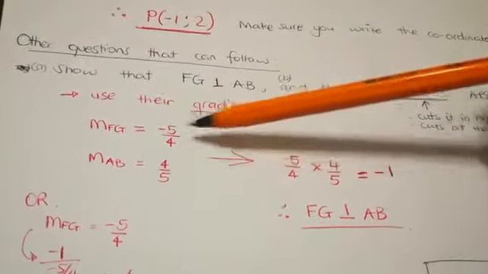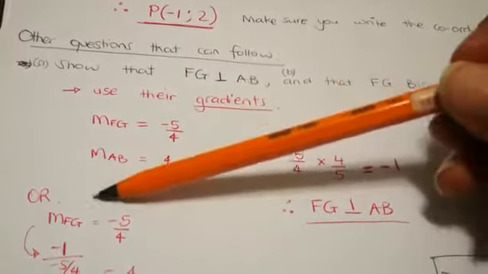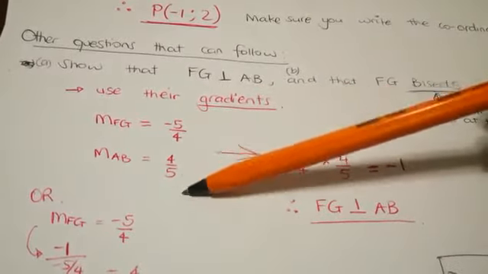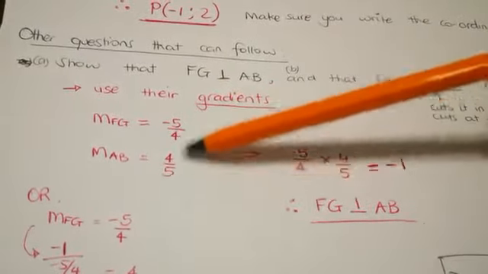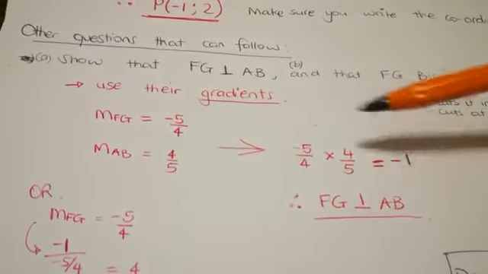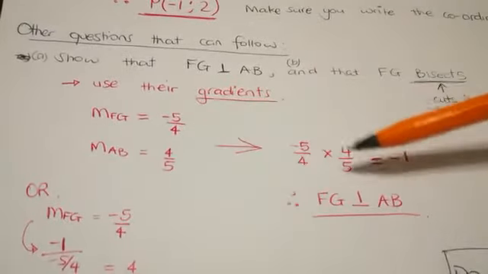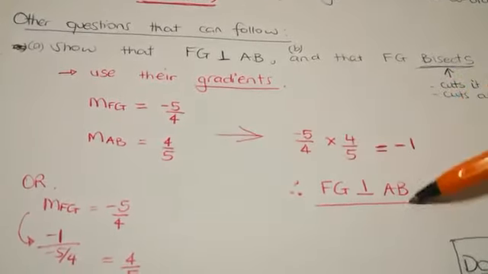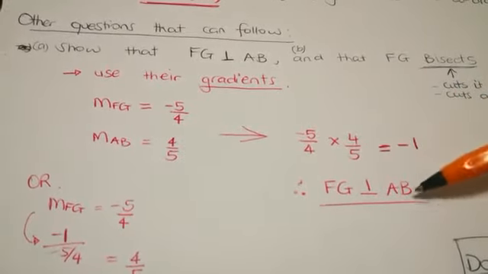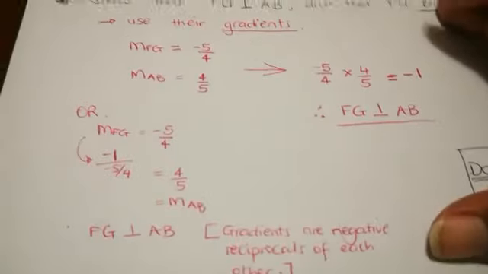The gradient of FG is -5/4. The gradient of AB is 4/5. Now, if they are perpendicular, when you multiply them, they'll give you -1. So let's see, -5/4 times 4/5. When you multiply this, it gives you -1. So it means FG is perpendicular to AB.